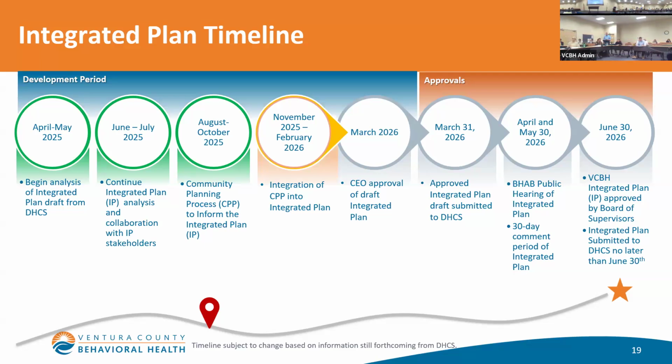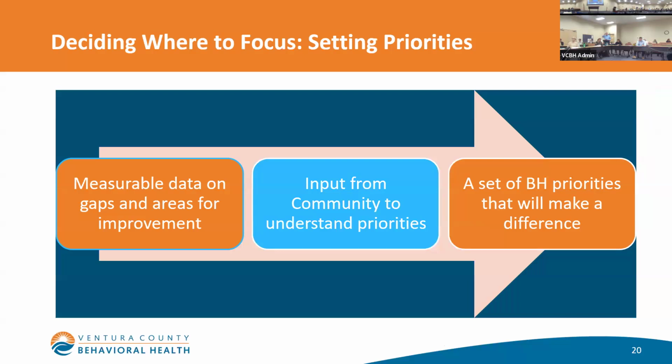All right, next slide. So having explained a little bit about those measurable gaps and some areas for improvement, we're at the place which we feel is the most important part of this whole presentation today, which is hearing input from the community and hearing your priorities. Again, we want to hear your input.